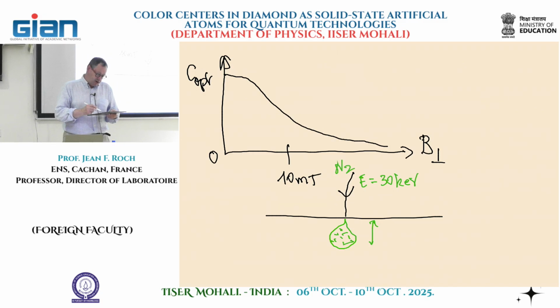It means that each molecule will dissociate, and each atom will get half of the energy. So it's an effective implantation energy of 15 kilo electron volts. And if you do some simulation about that, you would say that this is a depth of about 10 nanometers.